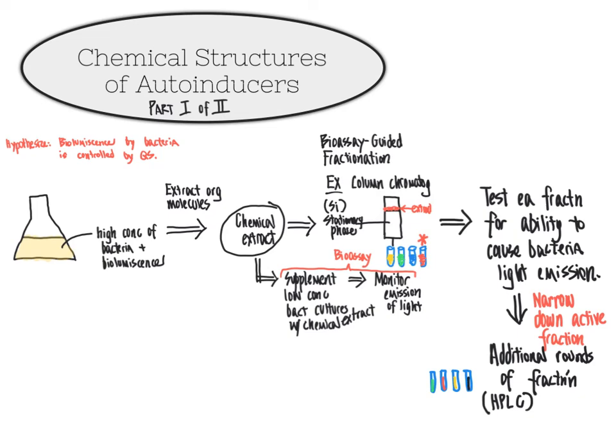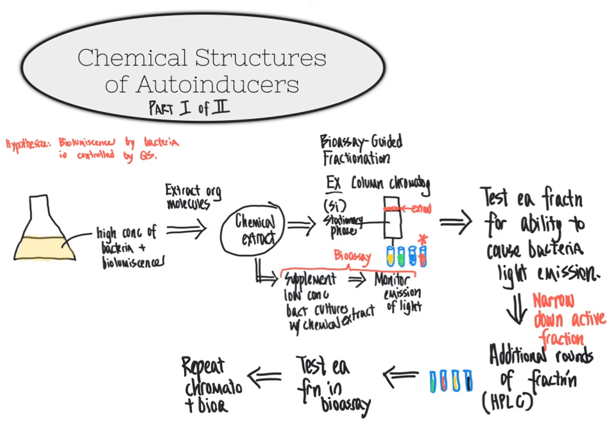We would then take those fractions that we generated and test each of those fractions in our bioassay, and continue doing that as needed, repeating some chromatography step plus bioassays until ultimately we had pure individual compound or compounds that were responsible for the observed emission of light by these bacteria.